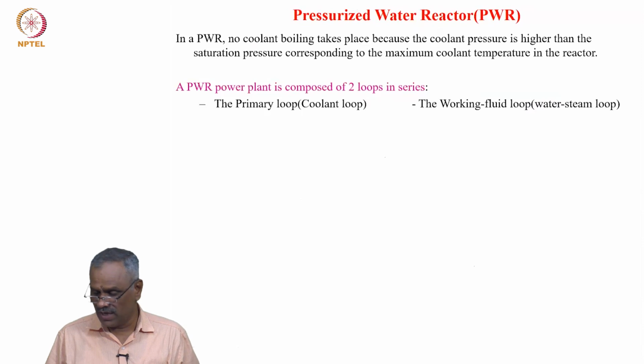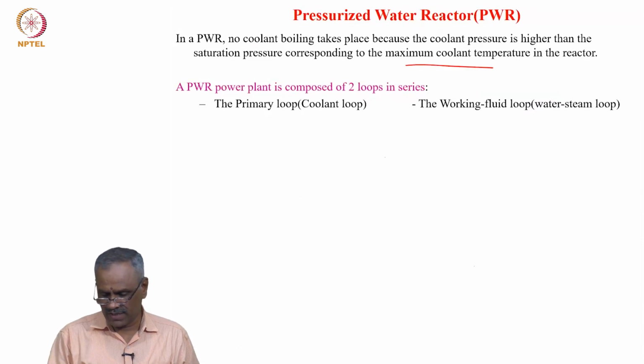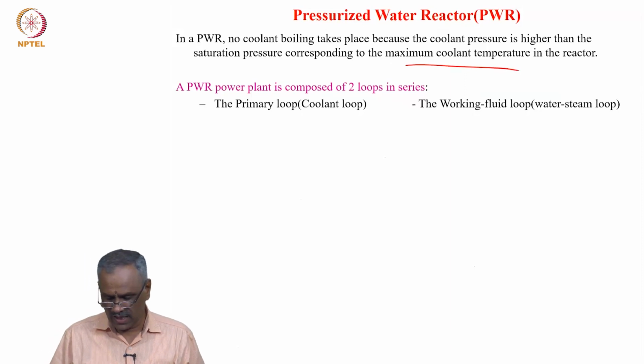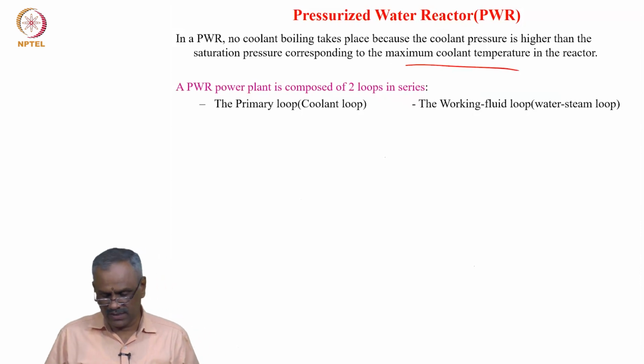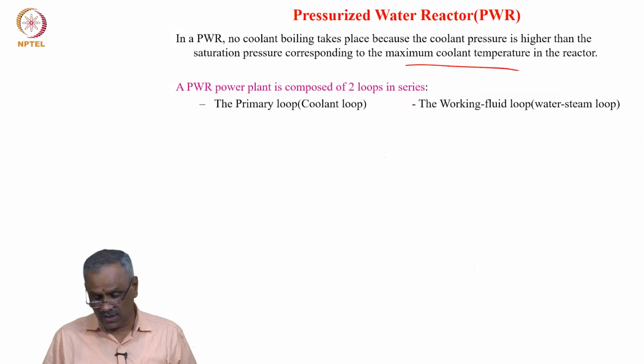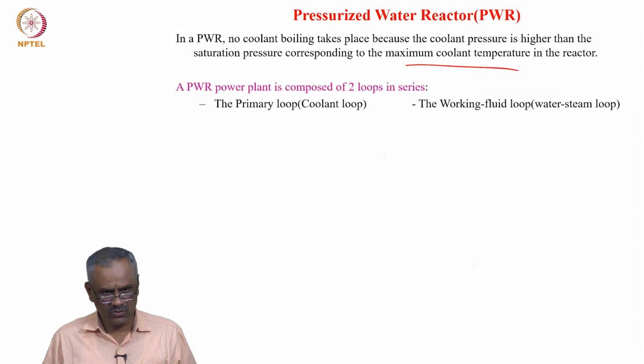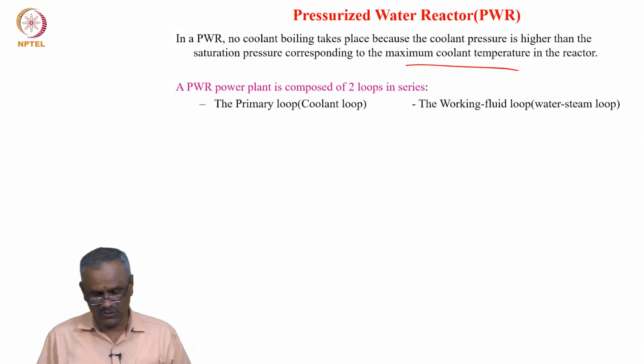Therefore, the coolant is pressurized to higher than the saturation pressure corresponding to the maximum coolant temperature in the reactor. So, there are two loops, primary loop and secondary loop, where the primary loop is the coolant loop, which is again light water, but it is high pressure water. The working fluid is the same as in the Rankine cycle, liquid water. So, water is evaporated and used for that.